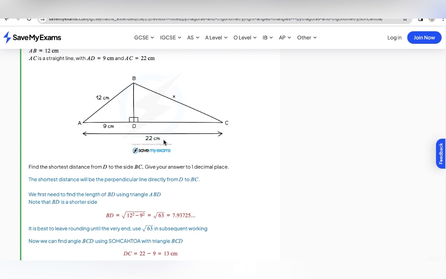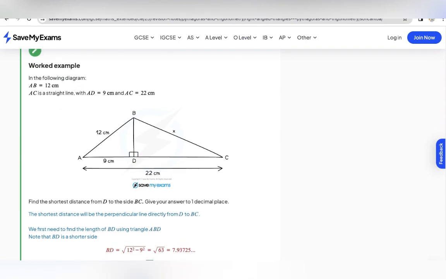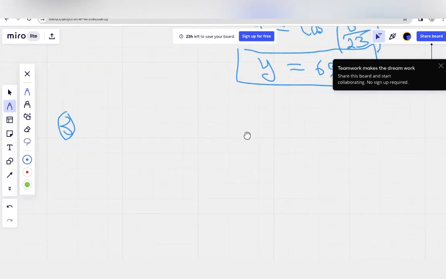So let's quickly take a look at it. They want us to find angle BCD. Let's solve this problem again, because this time around they're looking for something different. Let's assume this is our triangle.